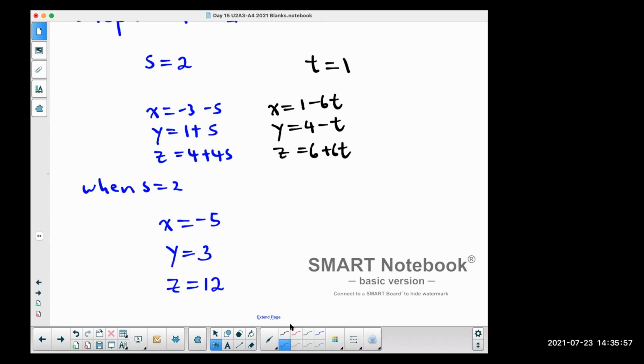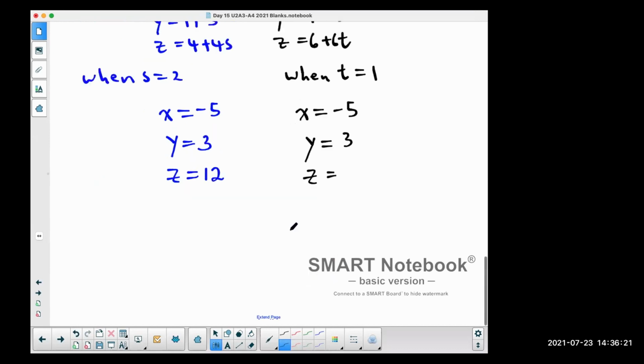Okay, what about the second line when t equals 1? When t equals 1, x is equal to 1 minus 6, that's negative 5. When t equals 1, 4 minus 1 is equal to 3. And when t equals 1, 6 plus 6 is equal to 12.